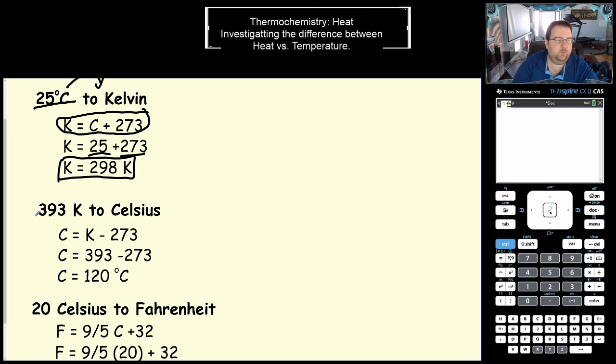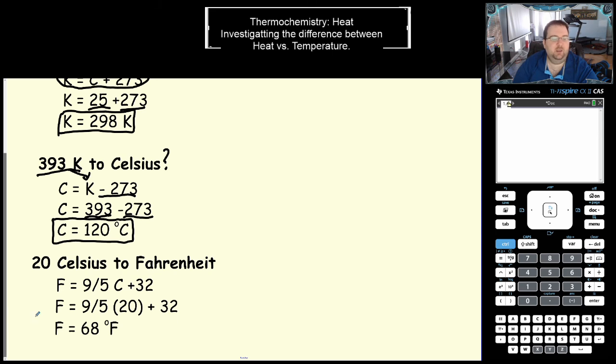If you're going the other way, let's say you have 393 Kelvin and you want to know how many Celsius that is, well, you subtract 273. So you take your 393 Kelvin, subtract 273 from it, and your temperature is going to be the same as 120 degrees Celsius.